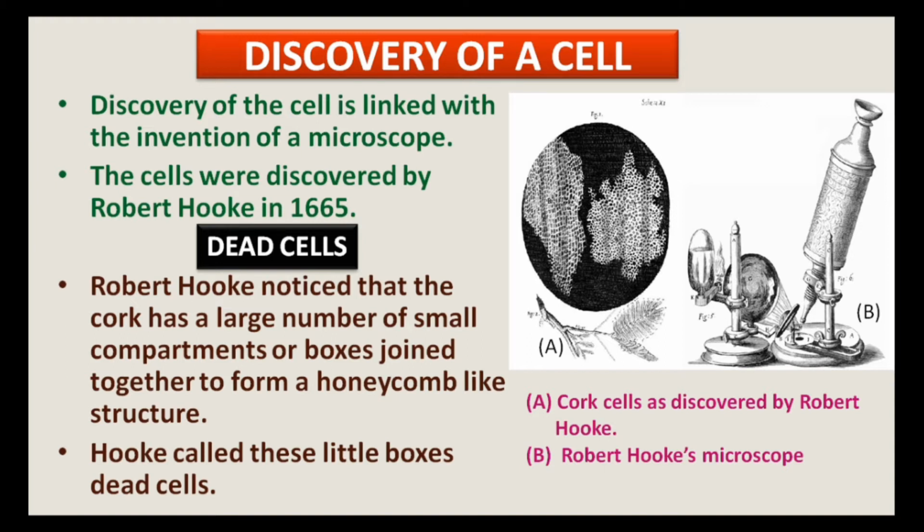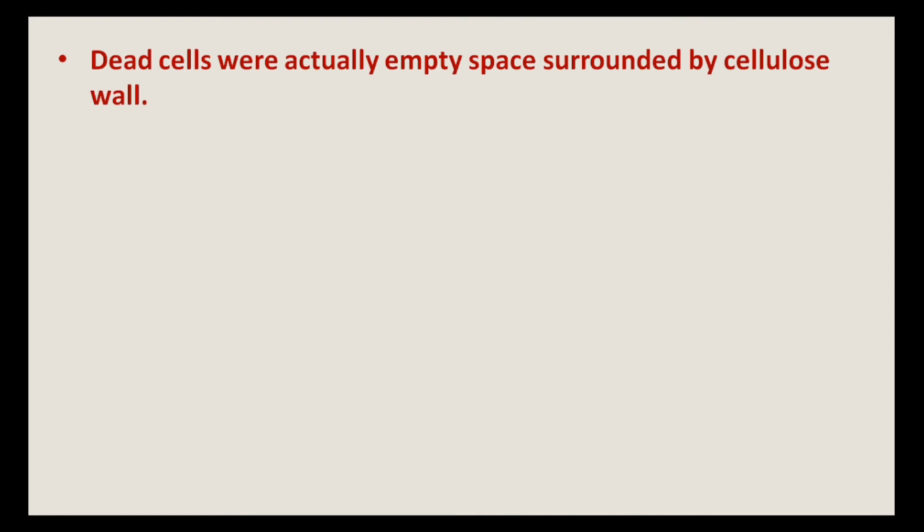Hooke called these little boxes dead cells. Dead cells were actually empty space surrounded by a cellulose wall. Cellulose is the main cell wall of plants.